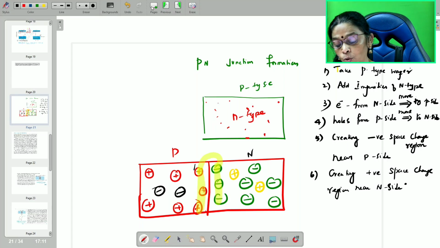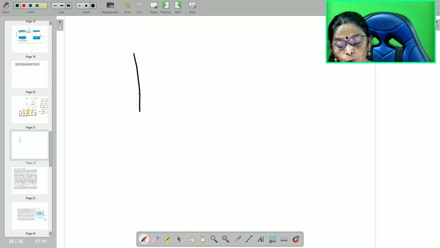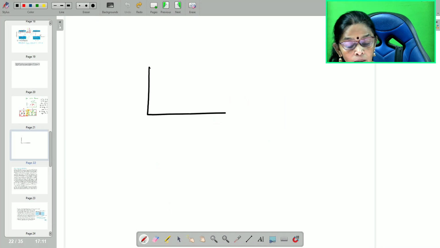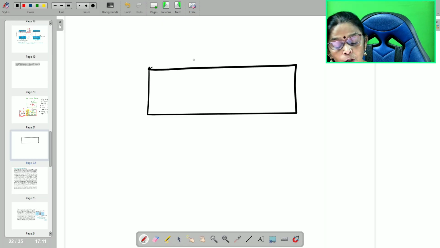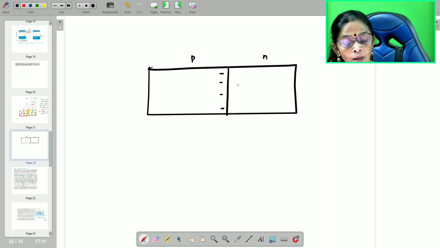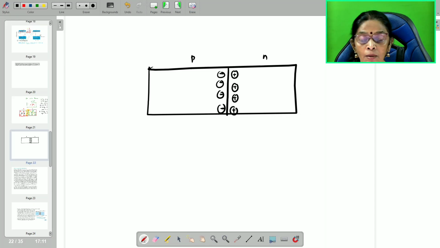Next page I will go here. So therefore you can say a negative space charge region is created near the p side and a positive space charge region is created near the n side. These are immobile, separated by some distance.